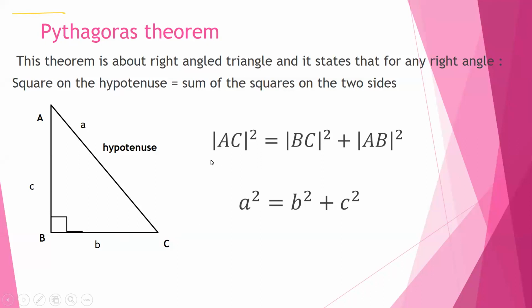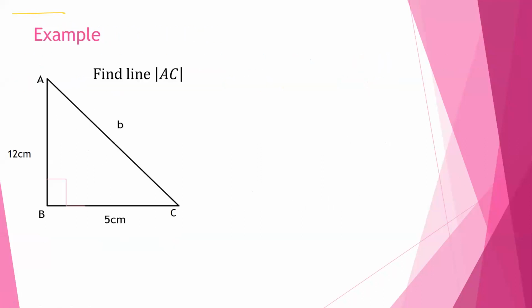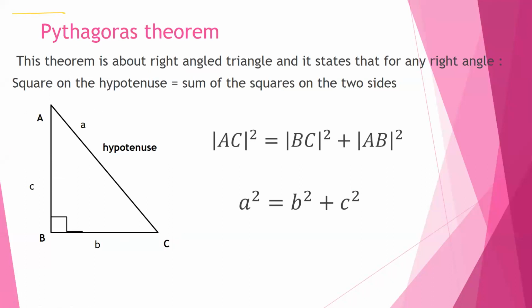So it's telling us that the square of the longest side is equal to the sum of the squares of the other two sides. So the other two sides are BC and AB.